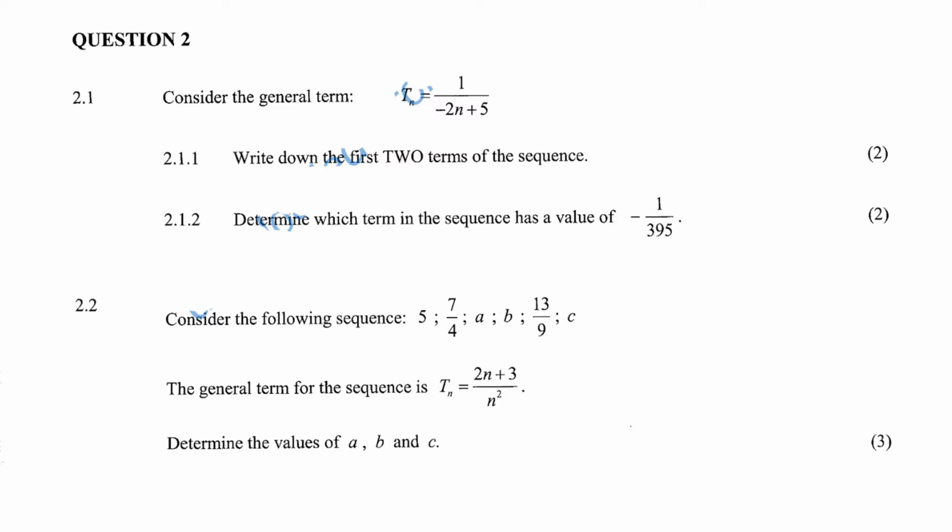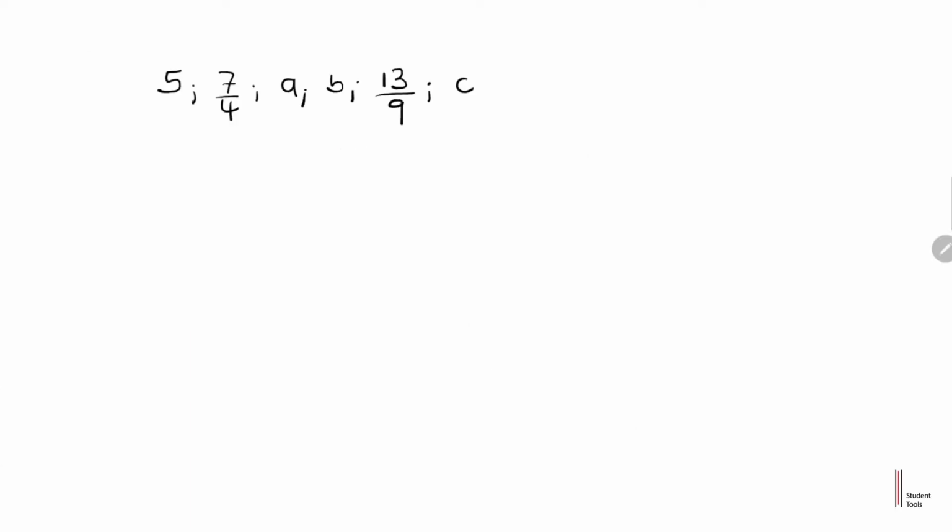All right, so we have this sequence, and we have this general term, Tn equal to 2n plus 3 over n squared. So our task is to find the value of a, b, and c. So how are we going to do that?